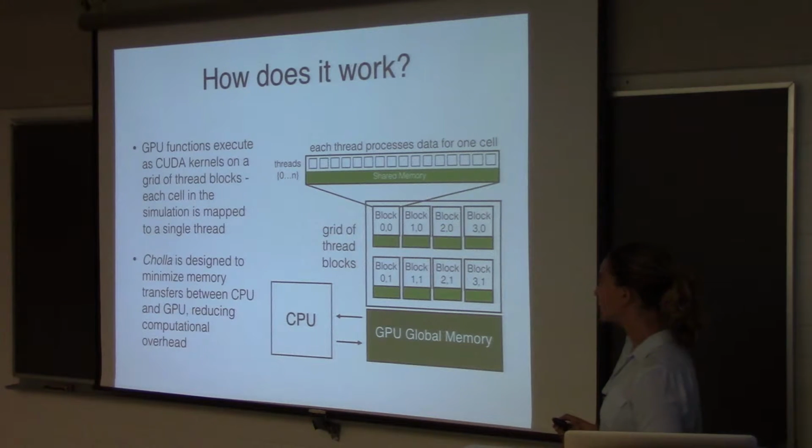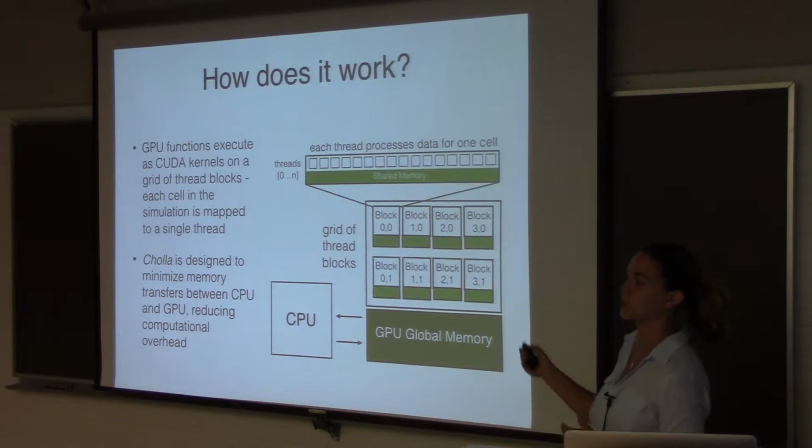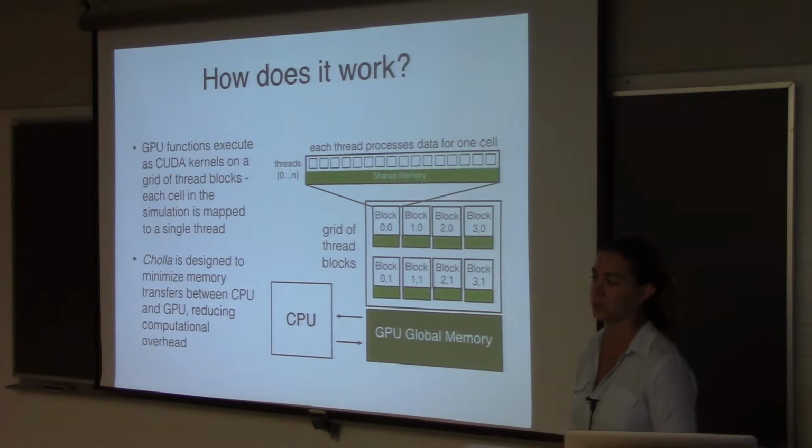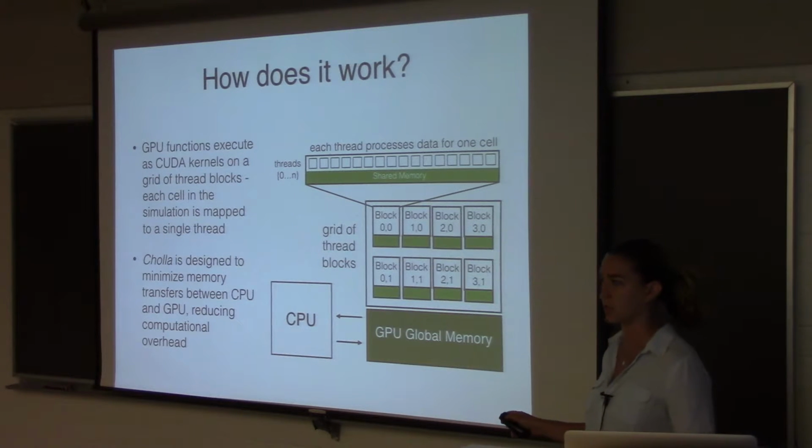And then the GPU does the work of deciding when those blocks execute on the cores. So even though the GPU has thousands of cores, that's still fewer than the number of cells in my simulation. But I don't need to worry about scheduling each of those different threads. The GPU does that, and it does it very efficiently. That also means if they change the GPU architecture, so now it has a different number of cores or a different amount of memory, I don't have to change anything in my code.